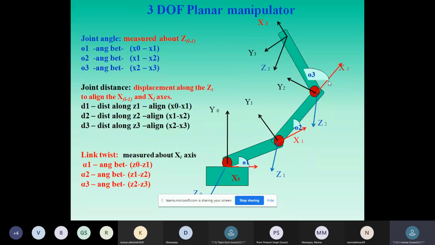Now come to θ1, θ2, the joint angles. What is joint angle?